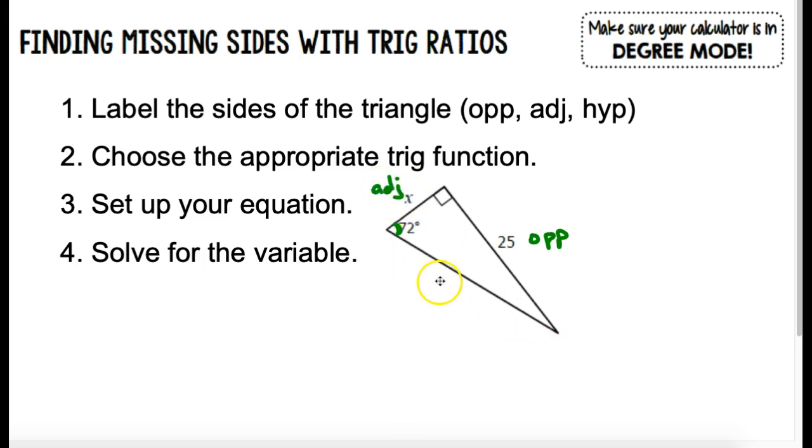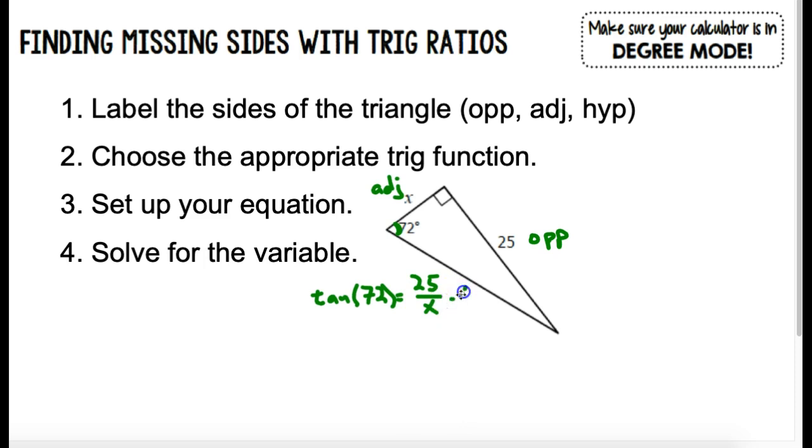This side, which we aren't going to label here, would be the hypotenuse because it's opposite the right angle. So the trig function that we would use if we're dealing with opposite and adjacent is tangent. So my setup is going to be tangent of the angle equals opposite over adjacent.